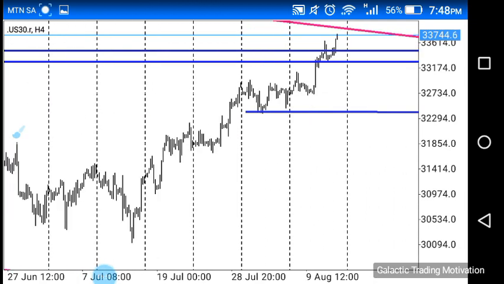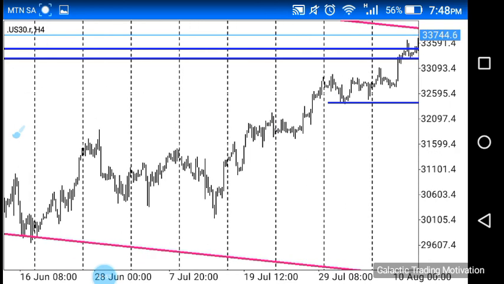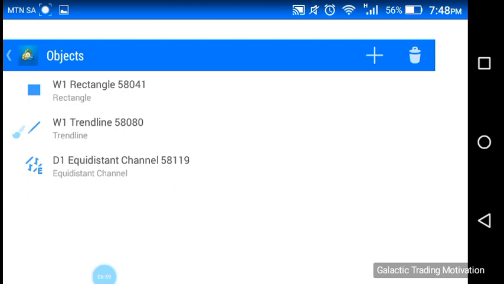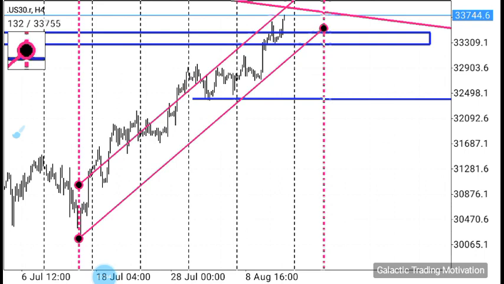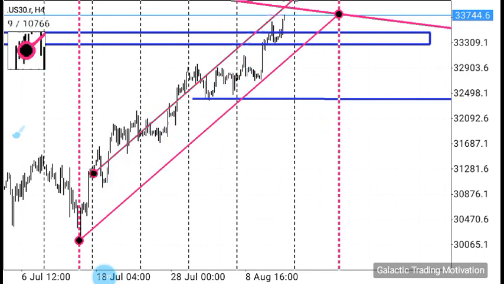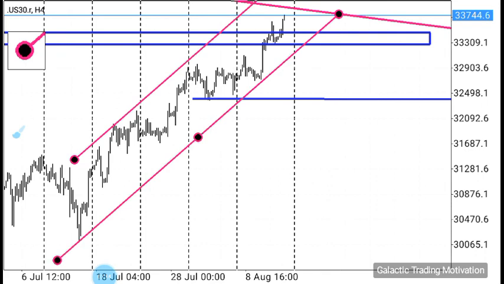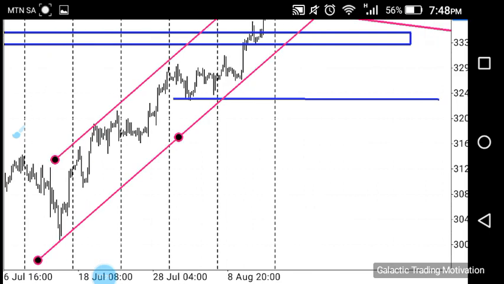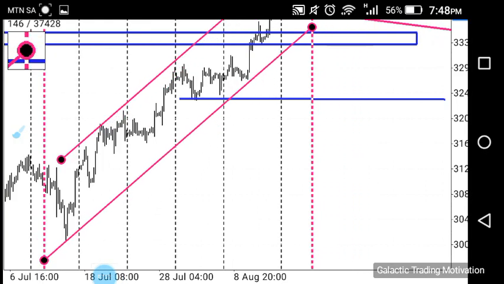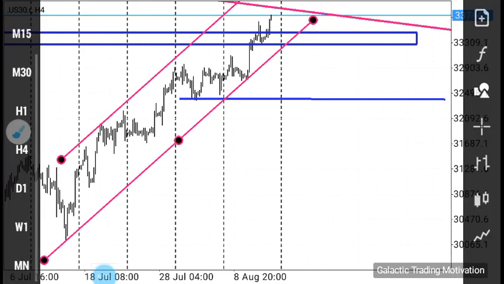So what else do we see on this chart that we should be paying attention to? Before we continue, I'm just gonna add my channel as well on the H4 chart. Just bear with me. Here we go. As I said, we just need to ensure that as much as possible all our lines are very accurate. There we go. That should be fine.